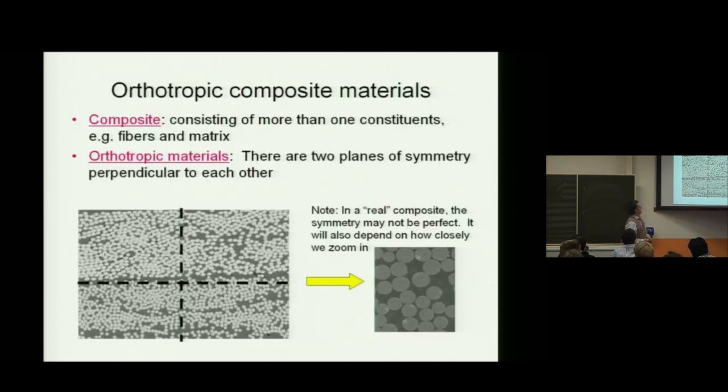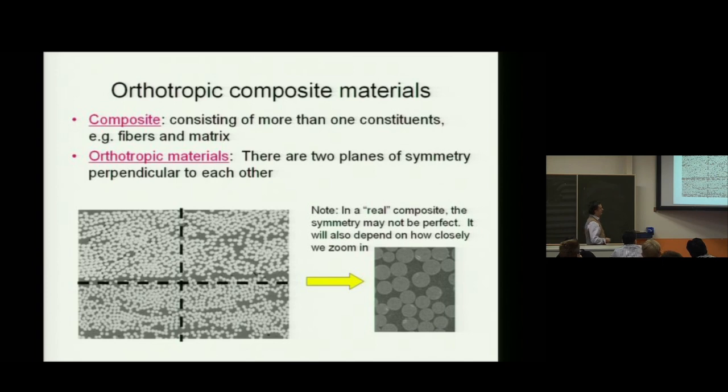So the orthotropic materials are the ones that have two planes of symmetry. If I make a section cut in a typical composite, in fact, this is showing two layers, and I draw a vertical line here and a horizontal line there.